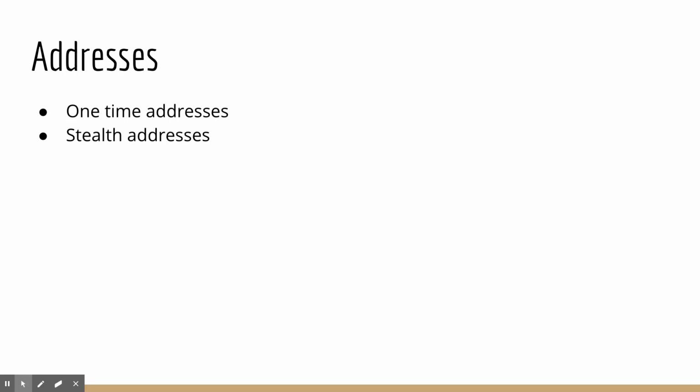The recipient can publish just one address, yet have all of his or her incoming payments go to a unique address on the blockchain, where they cannot be linked to either the recipient's published address or any other transaction's address. By using stealth addresses, only the sender and the receiver can determine where a payment was sent and no one else. So stealth addresses are used by Monero quite a lot, and there is a link in the description below where you can find out more details.